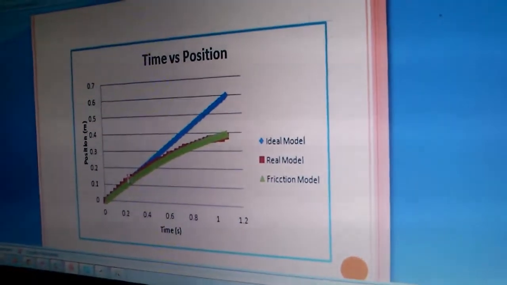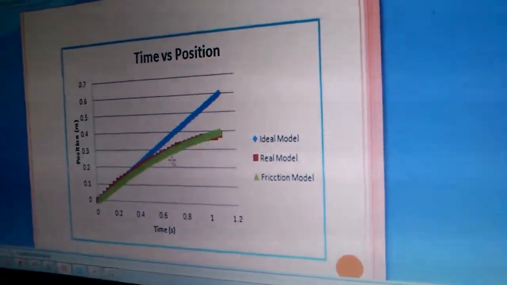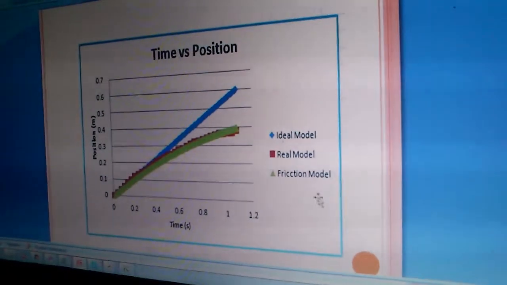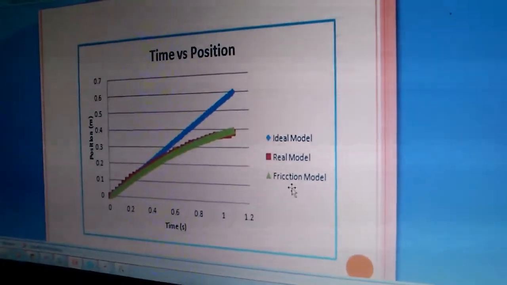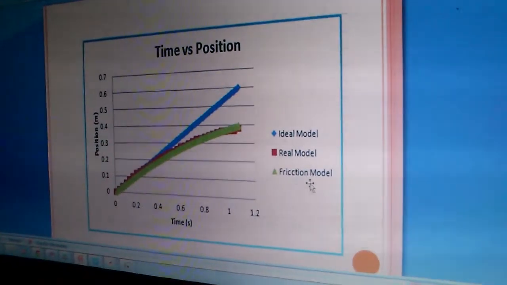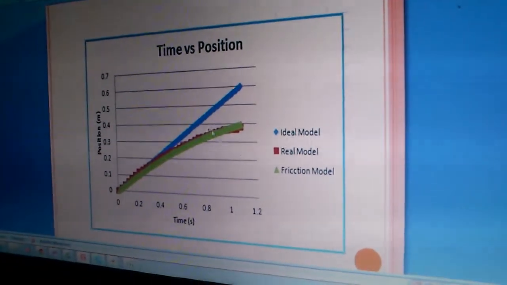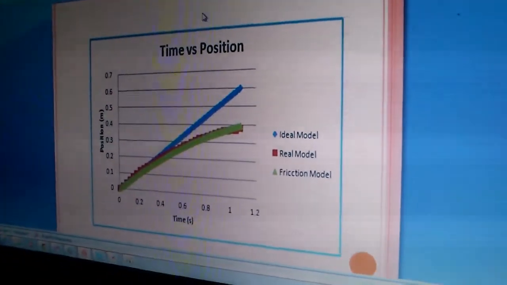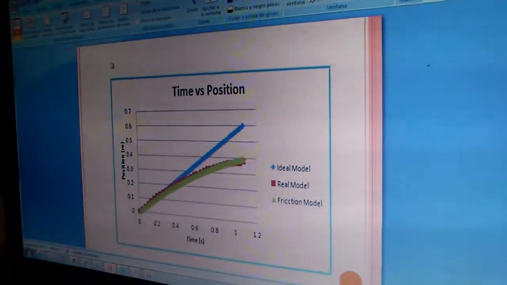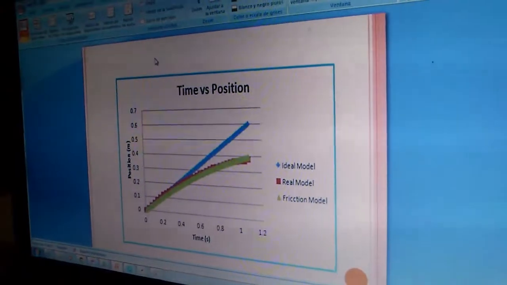It fits fairly well with the real model, with an estimated net force of -0.35 newtons.